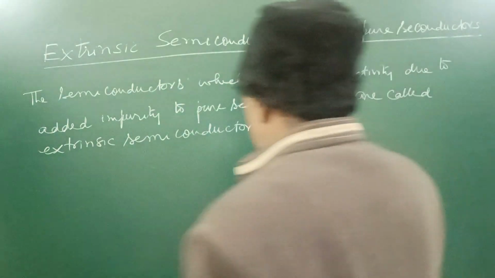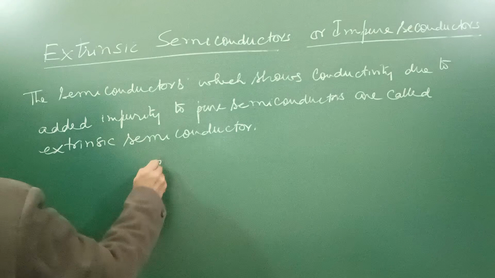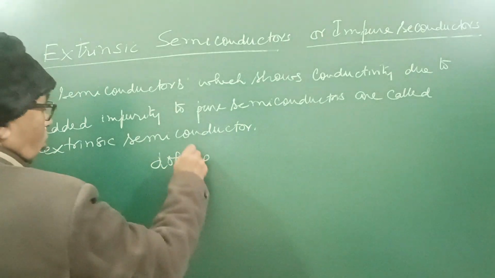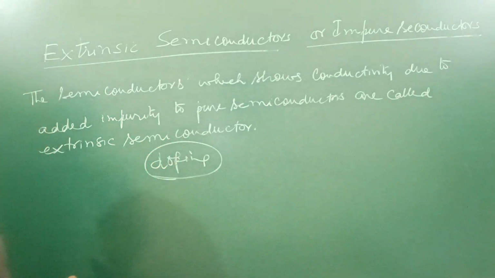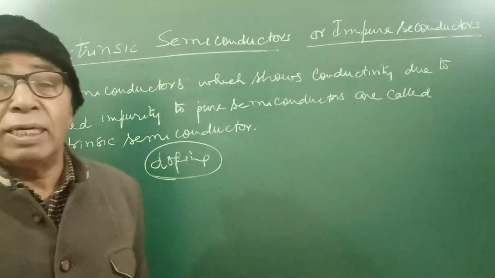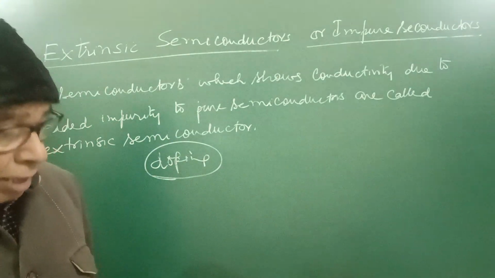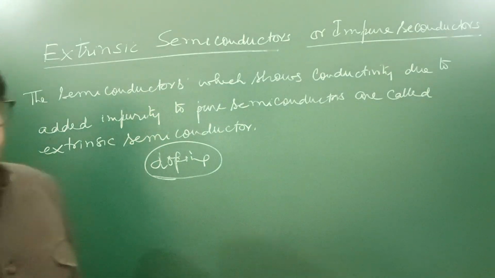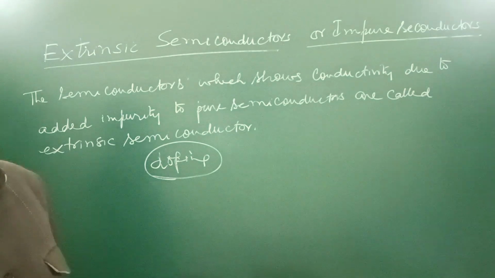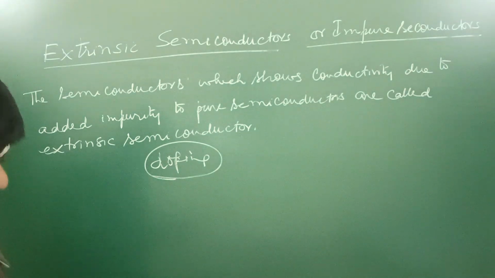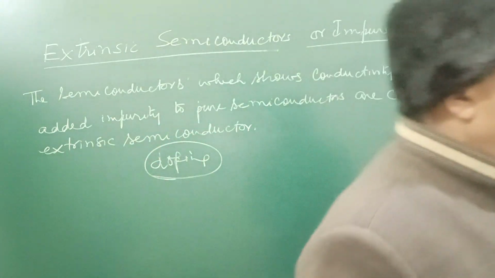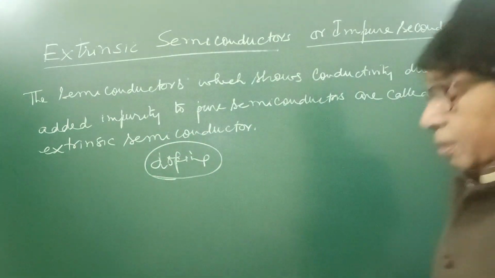Doping, the word is doping, of impurity to pure semiconductor like silicon and germanium. Actually, germanium and silicon are the best semiconductors. The whole world has been revolutionized by these semiconductors.